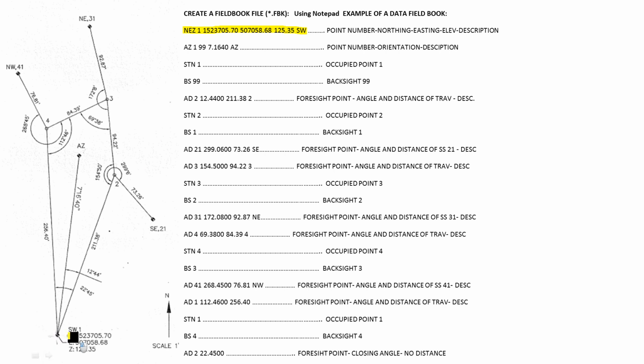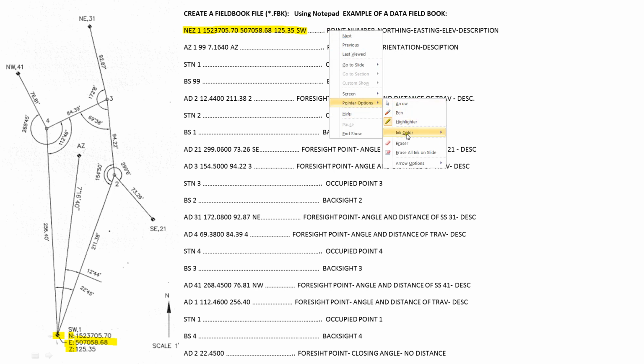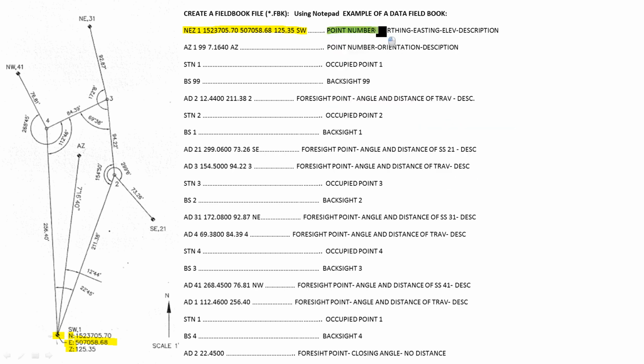That means I know the northing, the easting, and the Z elevation of this point 1, and then a description. You write the point number first, then the northing with a space, then the easting, the Z elevation, and the description. This first part is telling the computer program how it's reading the information.